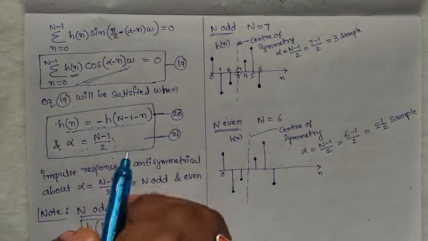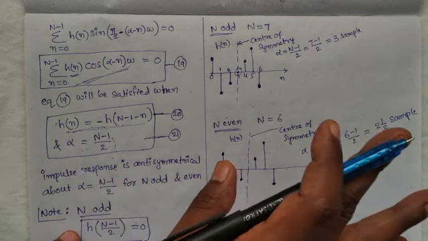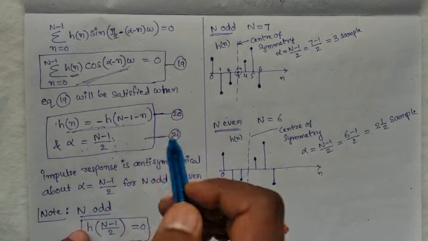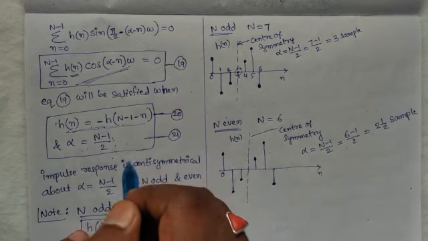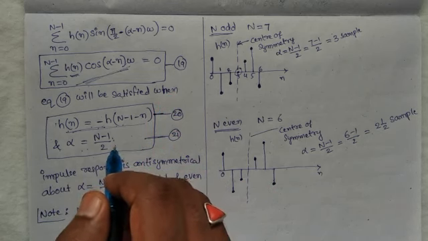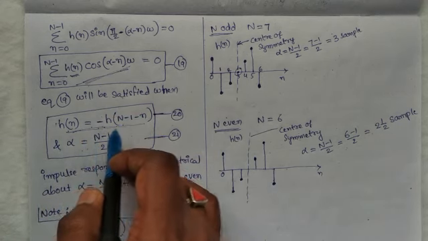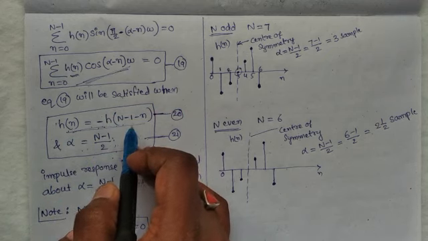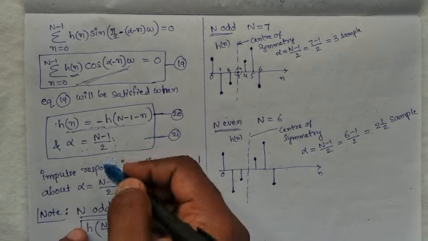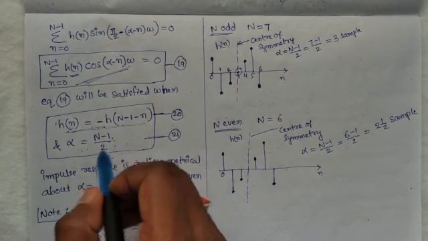For capital N odd, the impulse response is 0. For an anti-symmetrical impulse response, the impulse response is 0 for capital N odd.